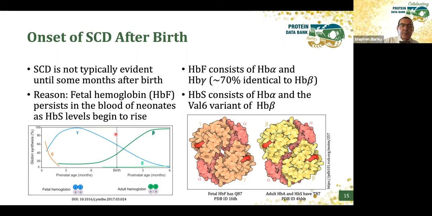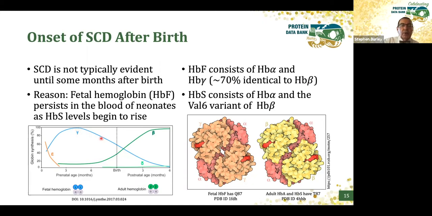After birth, the level of fetal hemoglobin, which consists of what we know as hemoglobin alpha, the chain that's in hemoglobin A, and a different beta chain, hemoglobin gamma, which is only 70% identical to hemoglobin beta.